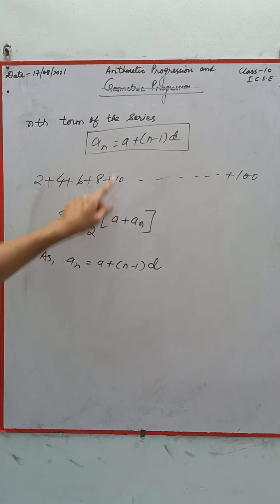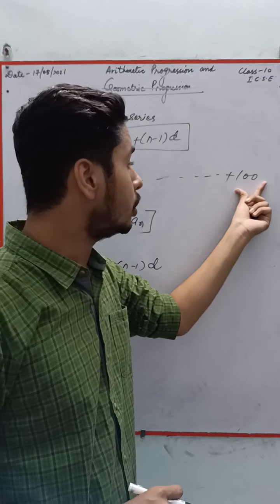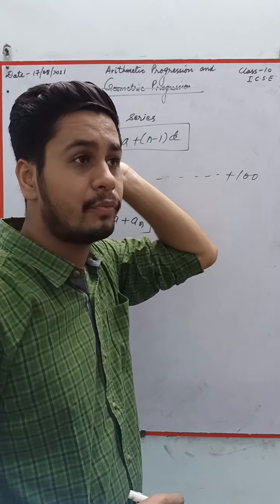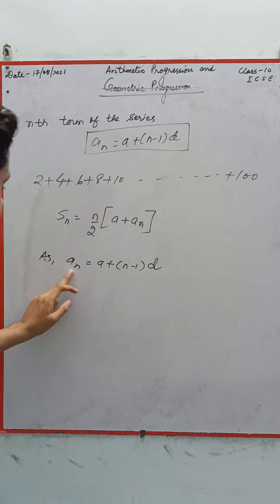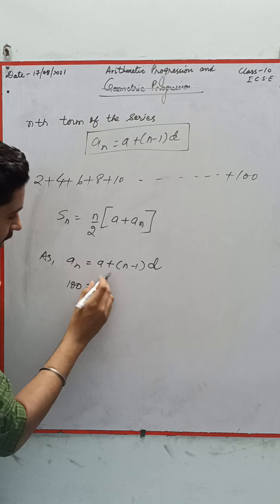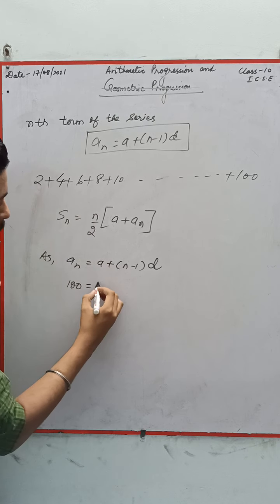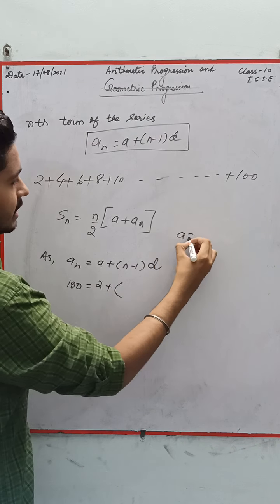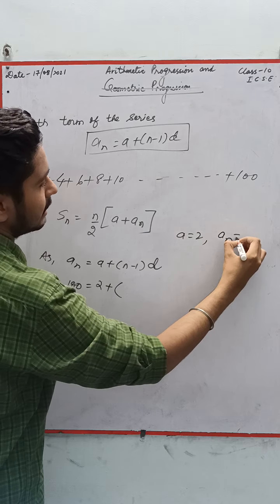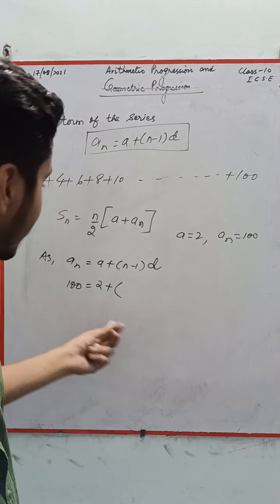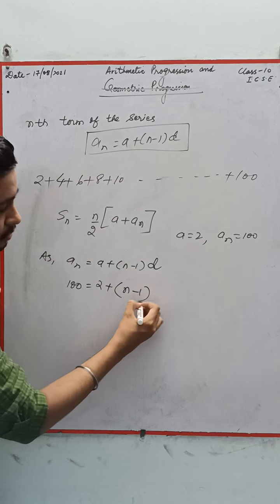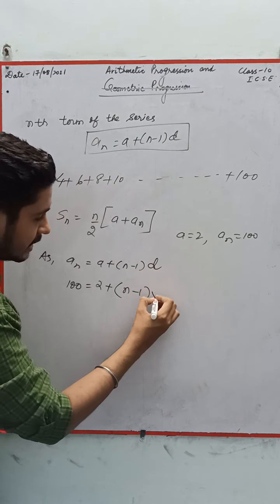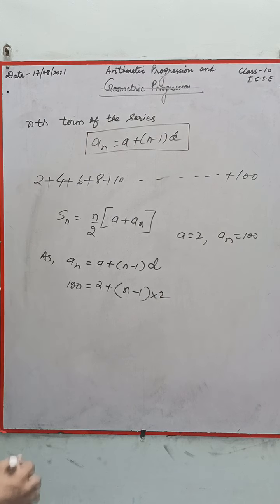You can call this an the last term, because we are taking an equal to 100. What is a with us? 2, because a is 2, and we are considering an, which is the last term. N we don't know, we need to find the value of n. D is how much? 2.